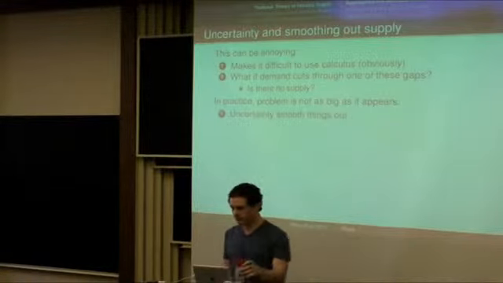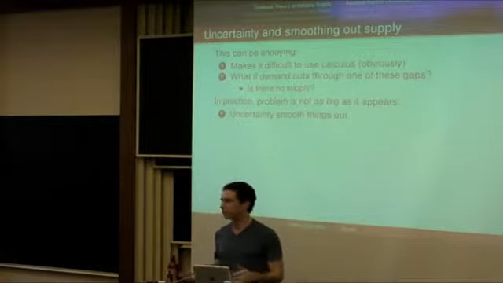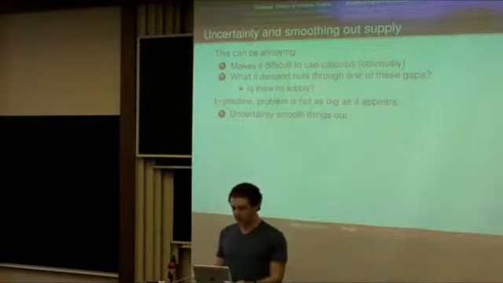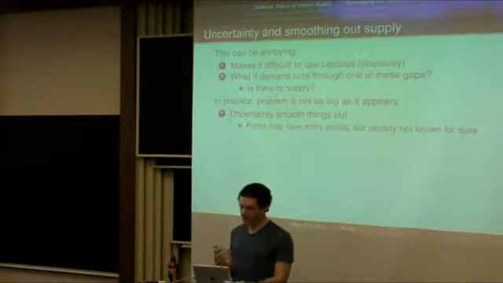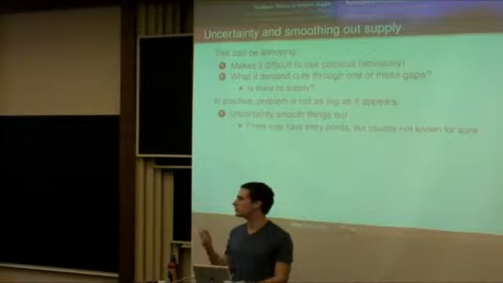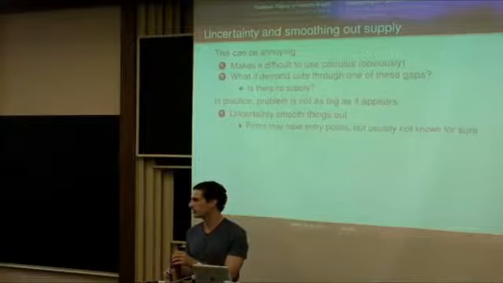One of the most important reasons is that uncertainty about the points at which the firm enters can smooth things out. So firms may have entry points, but we usually don't know for certain at exactly what price they would enter the market, right?